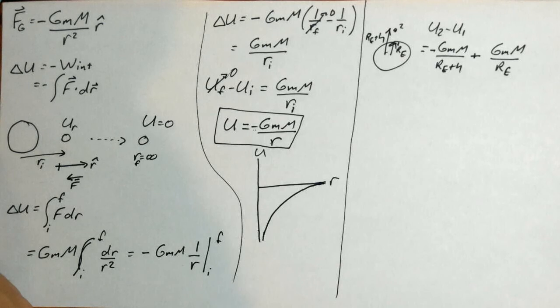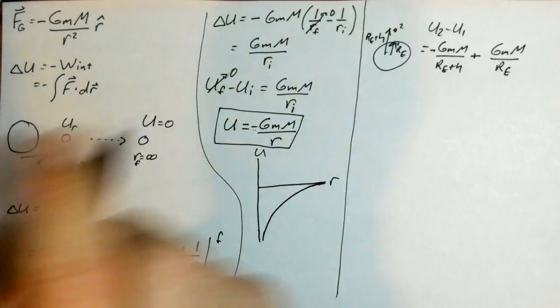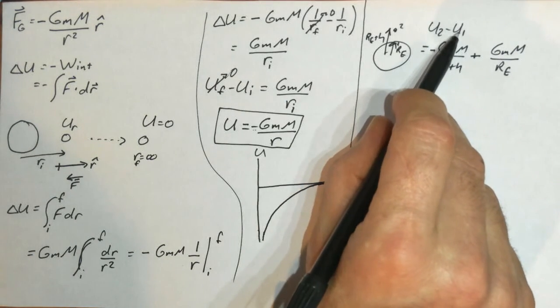Well, that doesn't help me out too much, except if I did plug in some numbers there, I would end up getting the same thing as mgh, where I choose this to be my 0.